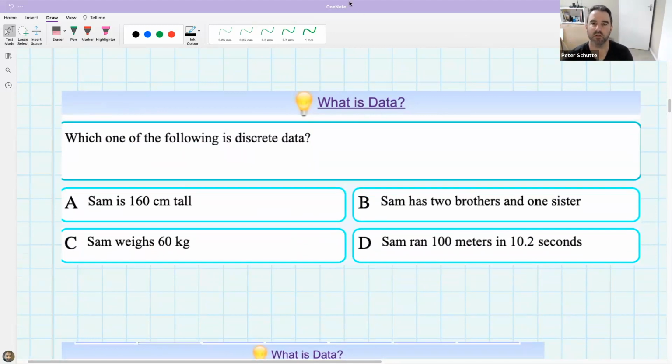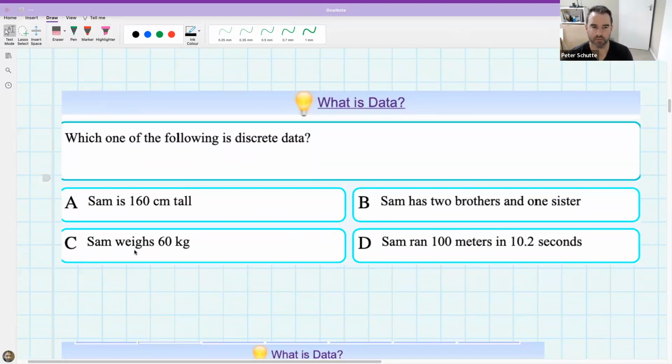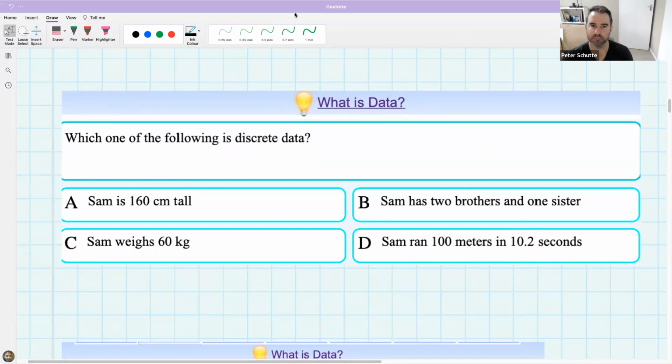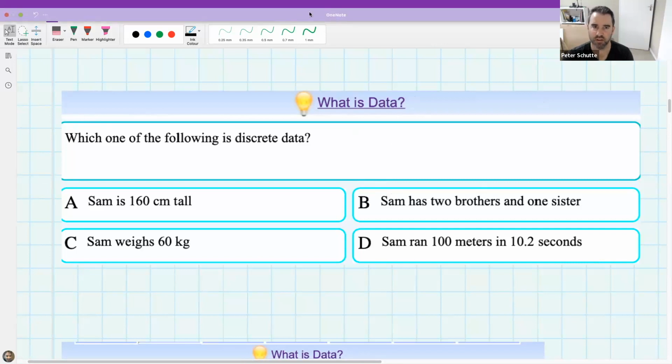What do you think is the correct answer?